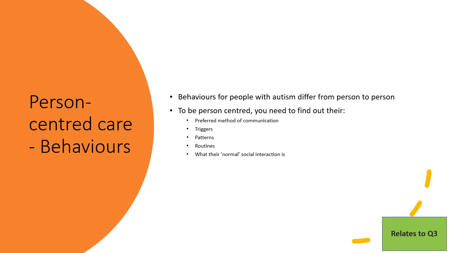It's really important with person-centred care for people with autistic spectrum condition to find out behaviours, because they're different from person to person. So to be person-centred, you need to find out their preferred method of communication, any triggers, patterns, routines, and what their normal social interaction is.